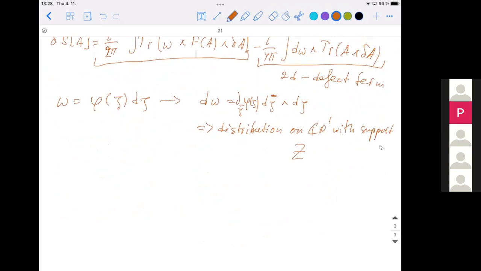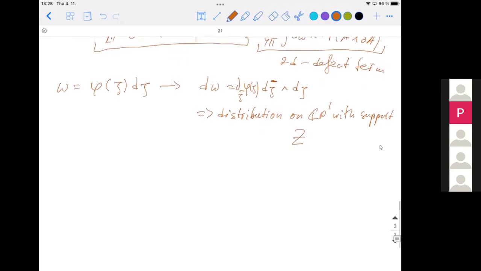That's actually the poles of omega. So it's a distribution, proportional to a delta term, the standard thing, and this y belongs to the support.